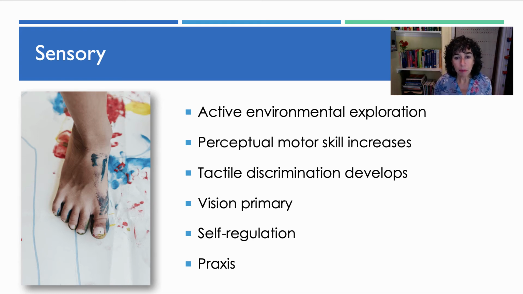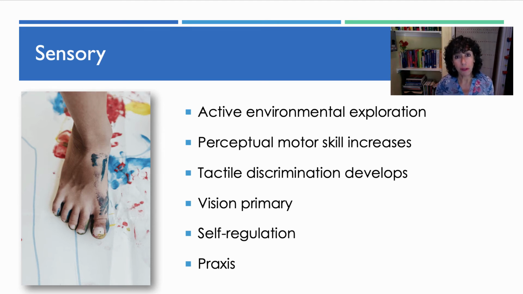And then haptic perception also increases, and that is one of the kinesthetic skills. So it's discriminative touch plus memory of touch. It's involved in being able to manipulate things without looking at them, right? Purely by the sense of touch.